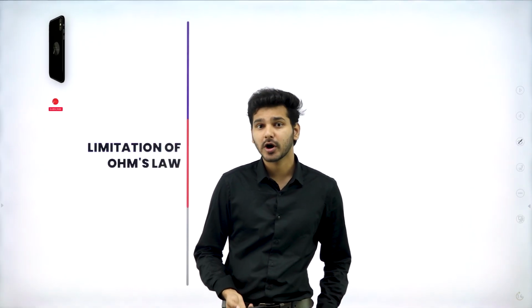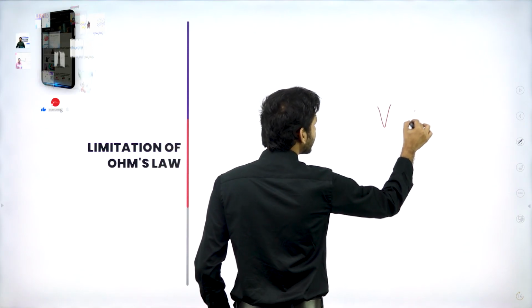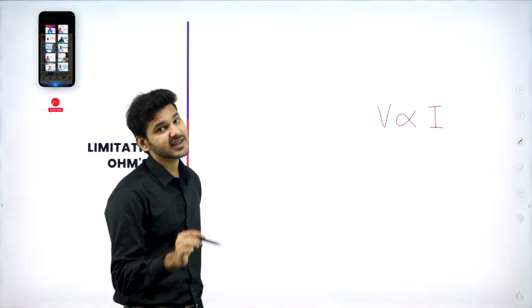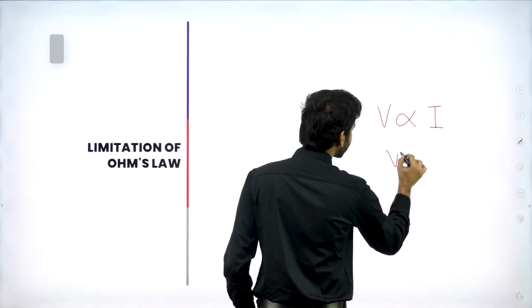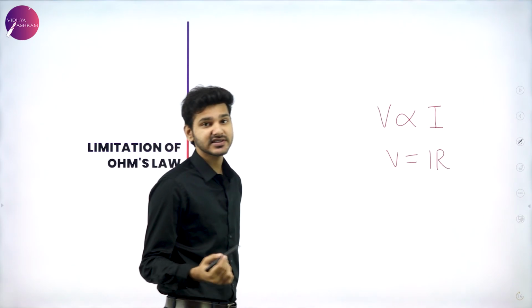So we were discussing Ohm's law, which stated that the voltage in a circuit will be directly proportional to the current running through it, given that the temperature is constant. Or else we can simply write it as V is equal to I times R, where R is the resistance.